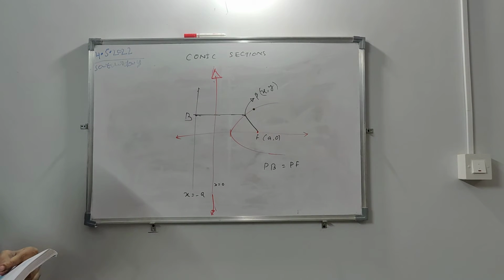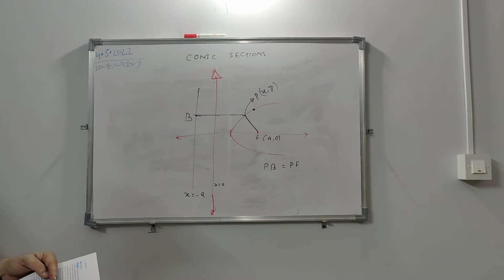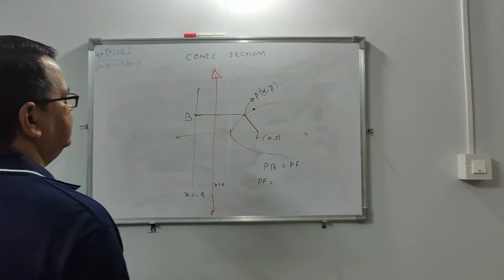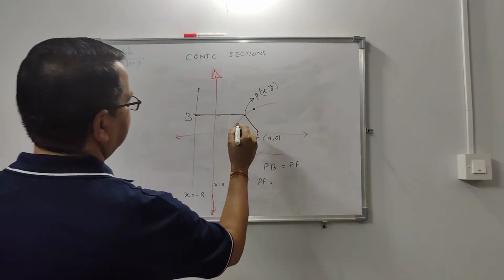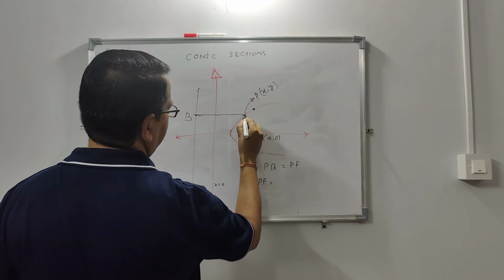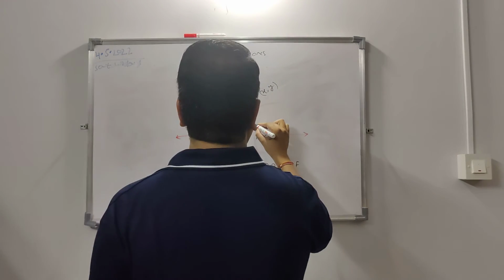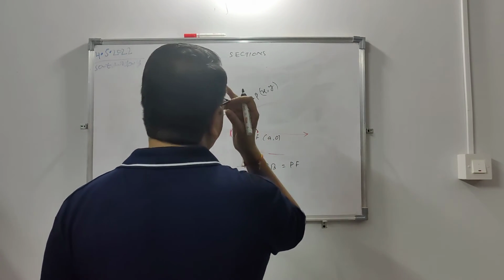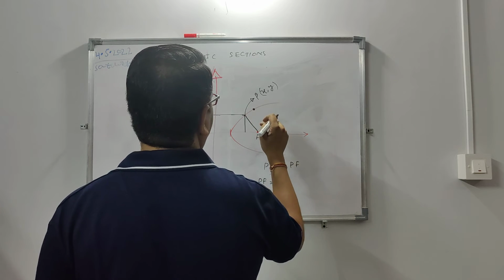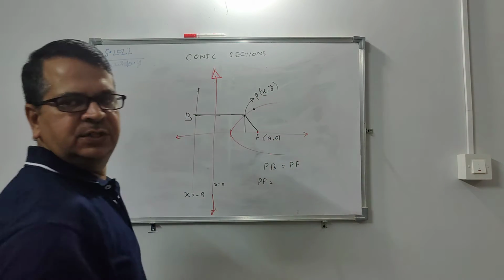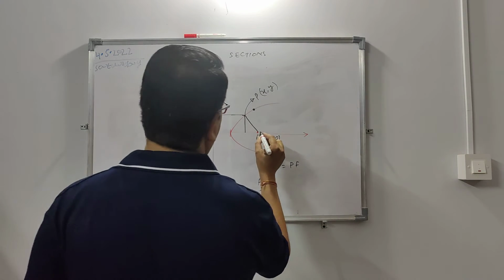So how much is my PF? If you draw a perpendicular from here, PF is nothing but this square plus this square, by the Pythagoras theorem.